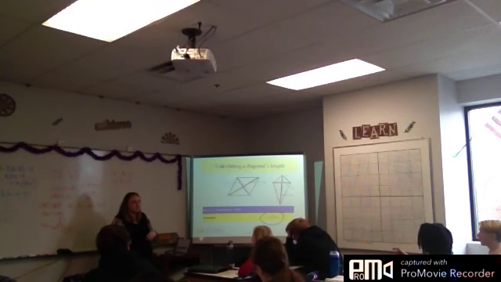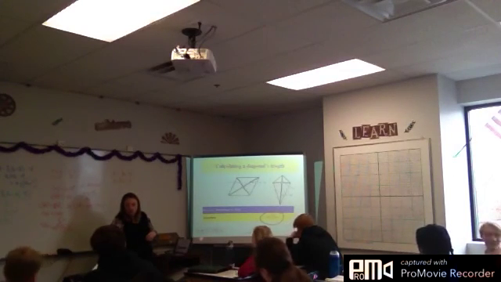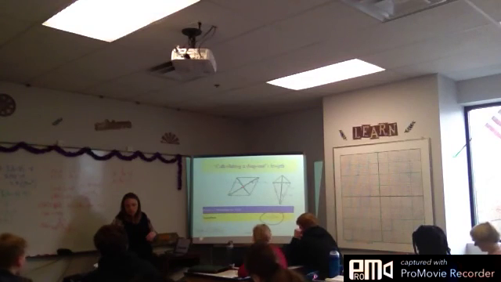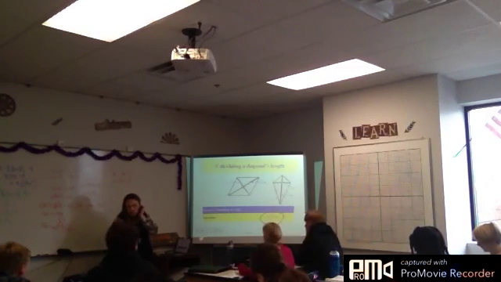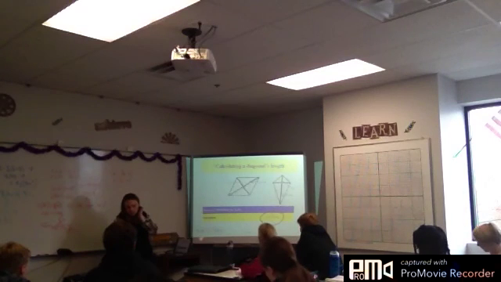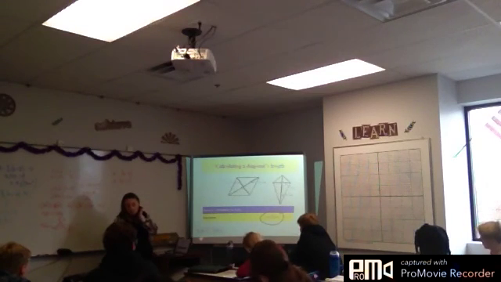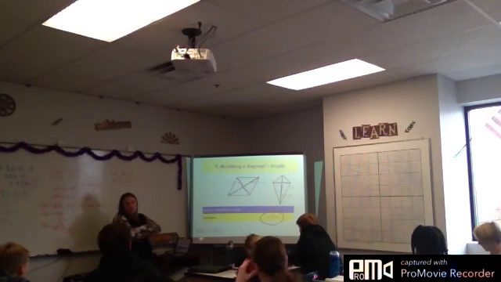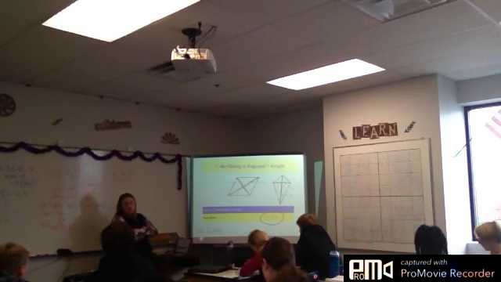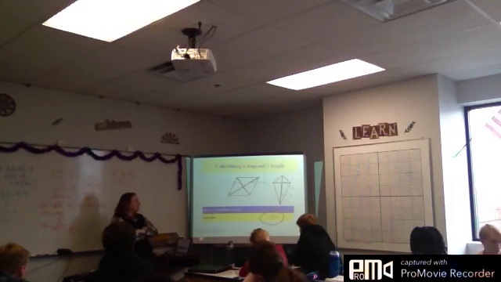It is, but you can also find the area if you don't have the base and height and you only have diagonals. So you can find the area of a rhombus 2 different ways, by base and height or by diagonals.